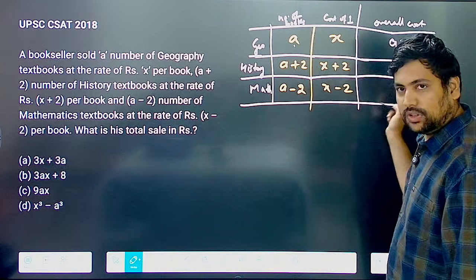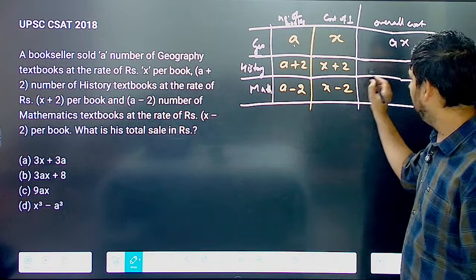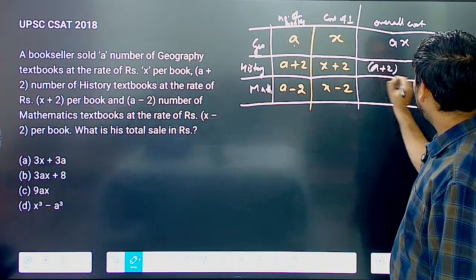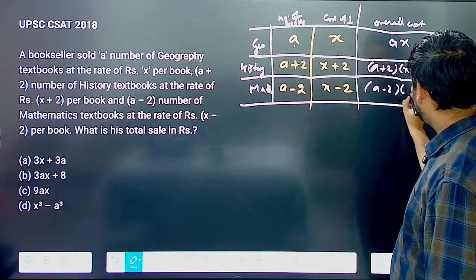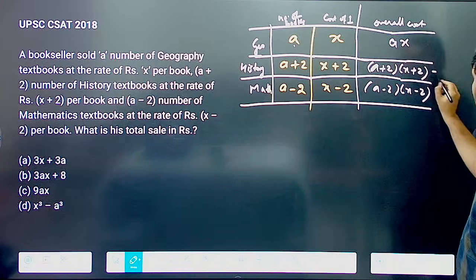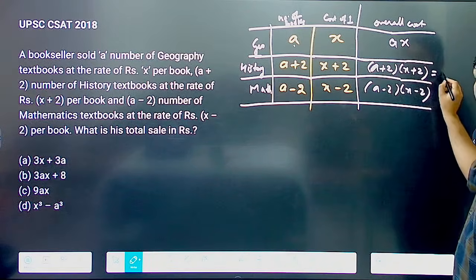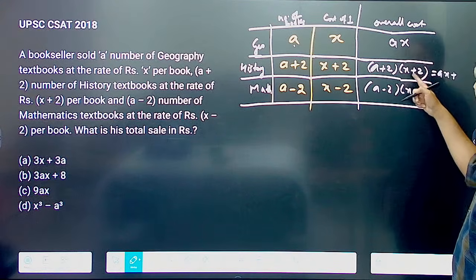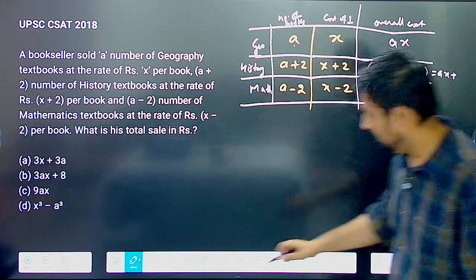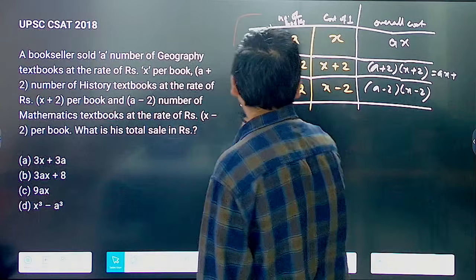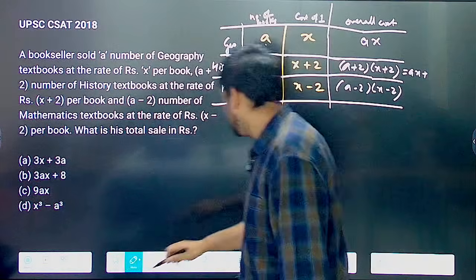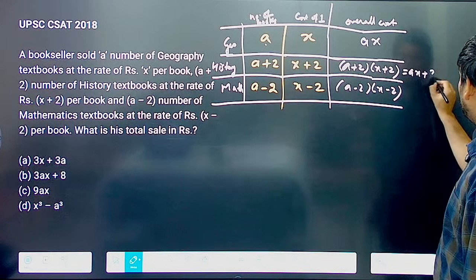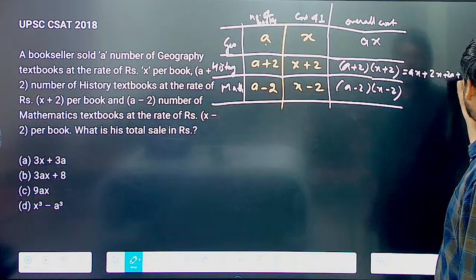Then A plus 2 into X plus 2, and the last is A minus 2 into X minus 2. So from here you will get AX plus 2X plus 2A, then this becomes plus 4.